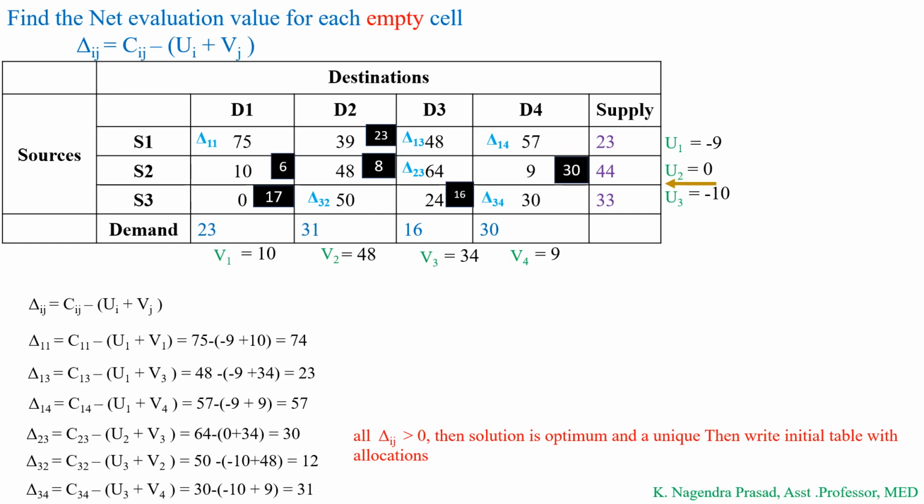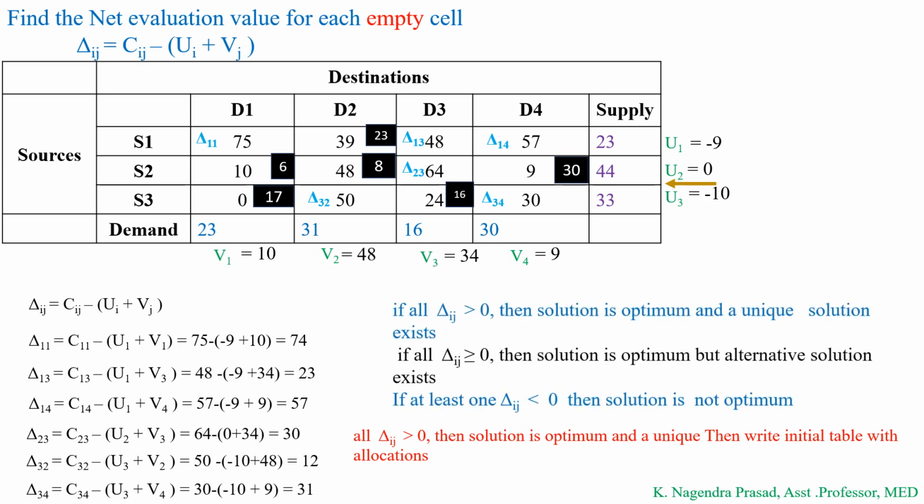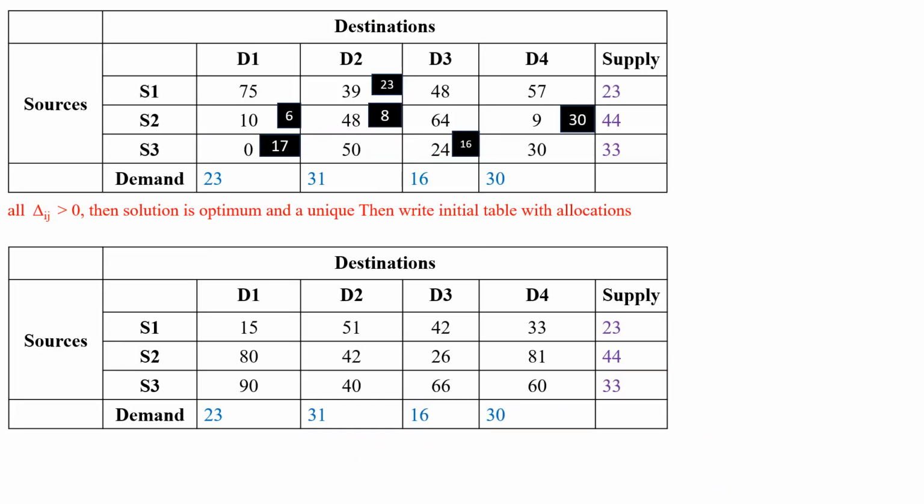Then we have to write down the initial transportation table. So we got the final optimal solution. This is the initial transportation table. Next we write the same allocations here. These are the allocations.